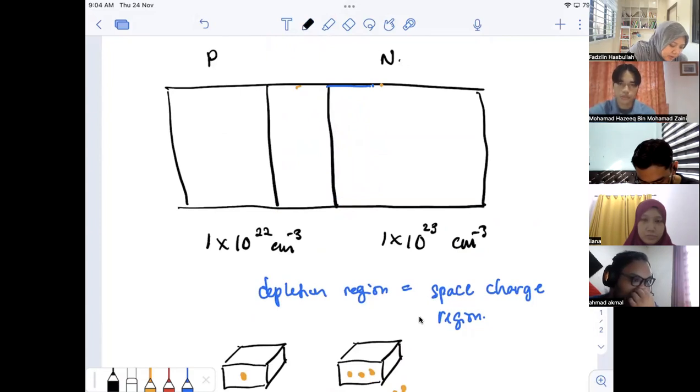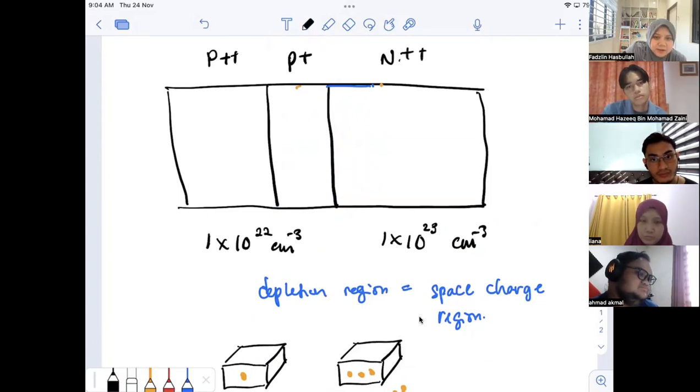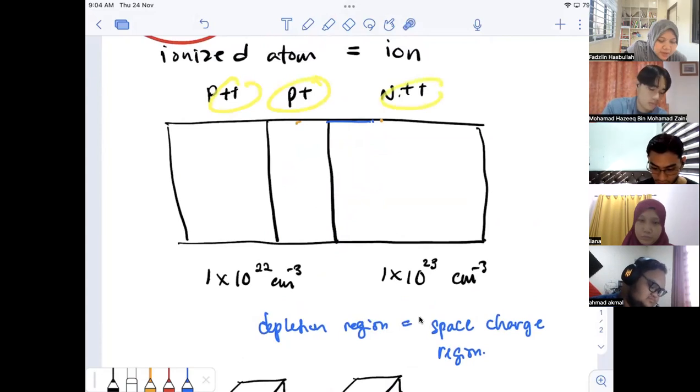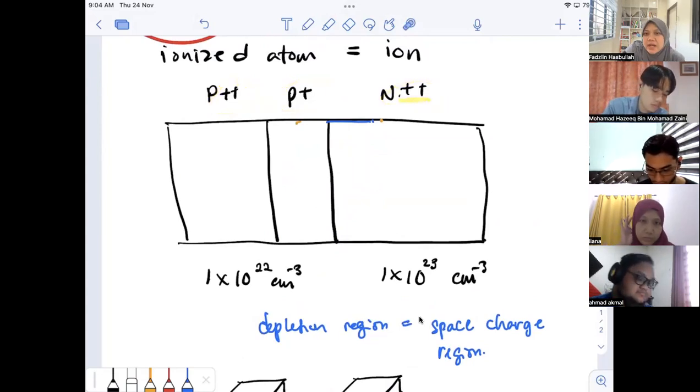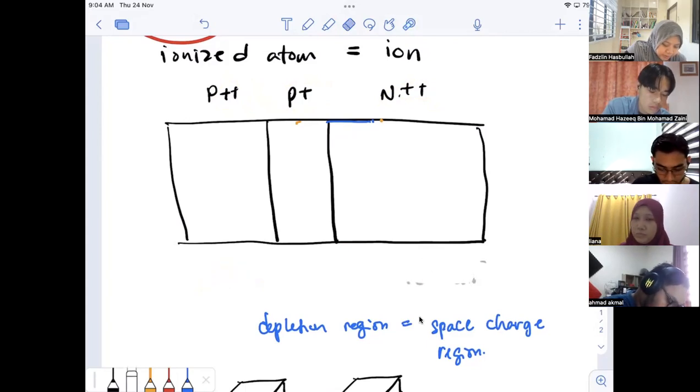Okay, here P plus, N plus. Usually if we write like this, P plus, it means the more plus you have, the higher the doping concentration. If I write P, N, and I don't tell you what the doping concentrations are, I just put it in terms of this.